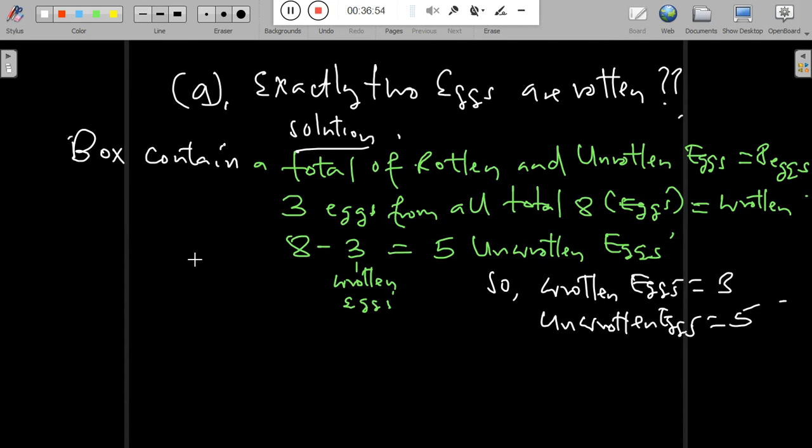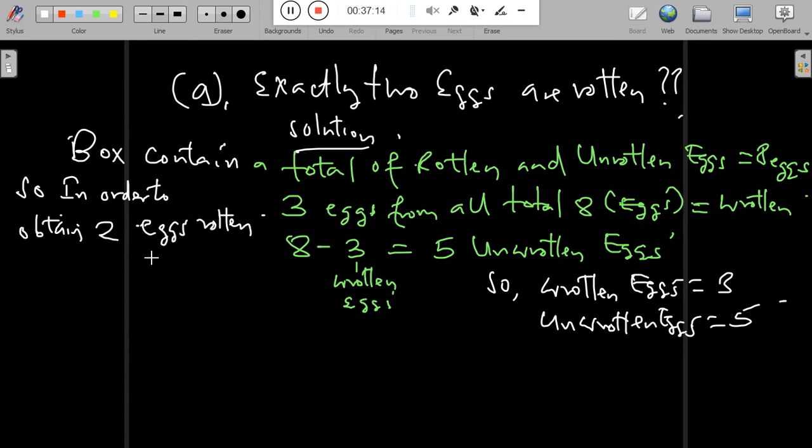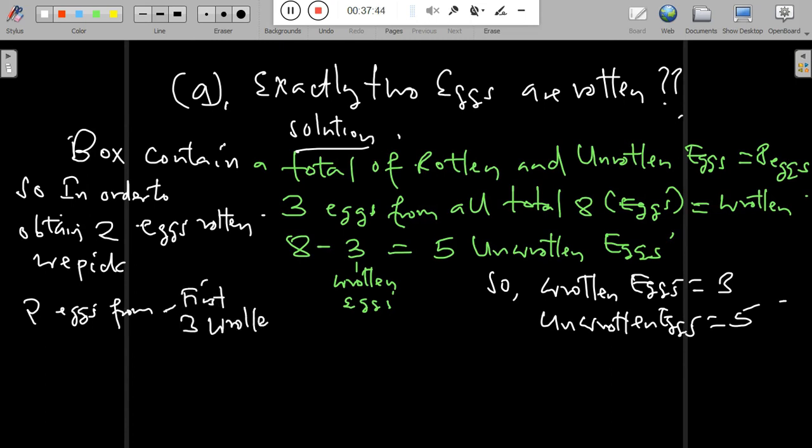So in order to obtain exactly 2 eggs which are rotten, we need to consider the probability of an event, which is the number of events over the total number of the sample space. So we need to find the number of events whereby we pick 2 eggs from the first group of 3 rotten eggs, and we take only 1 egg from the second group, which was the unrotten eggs.